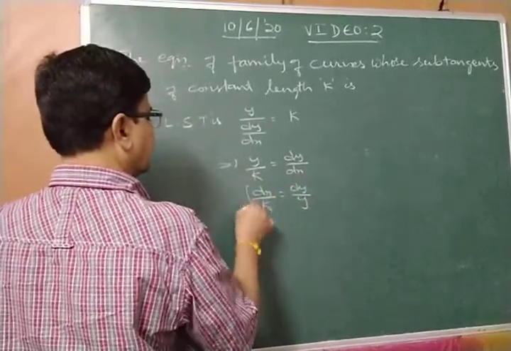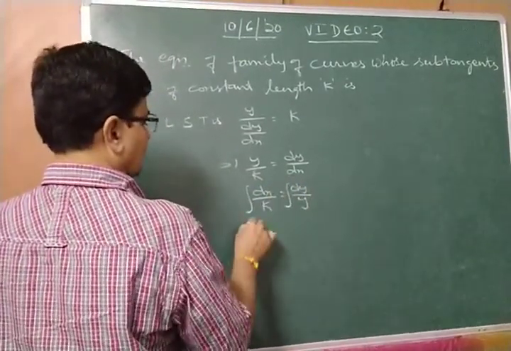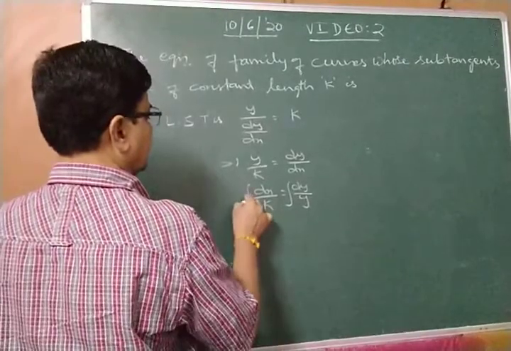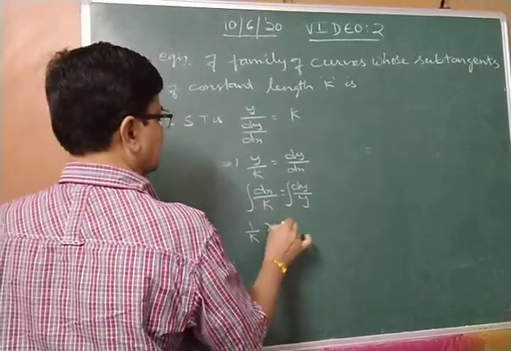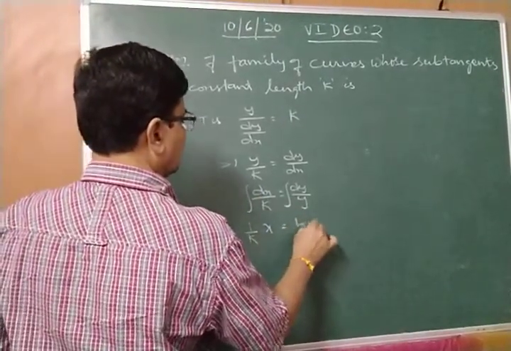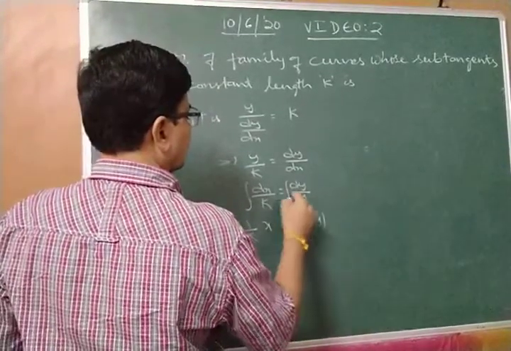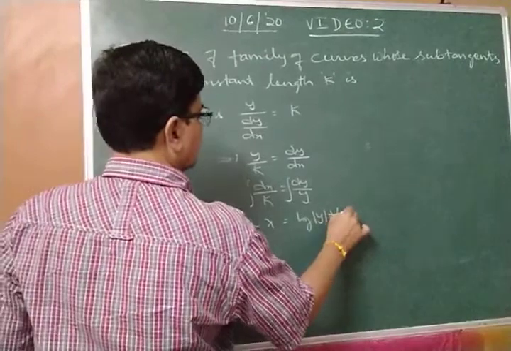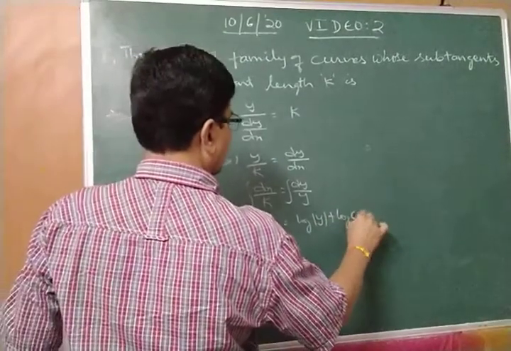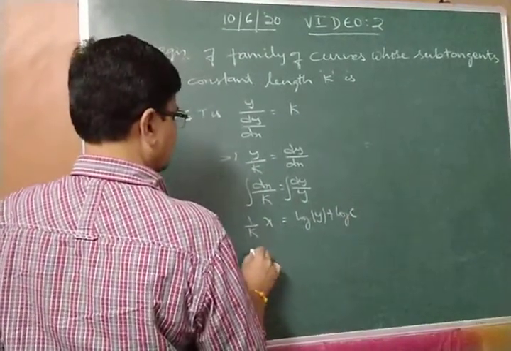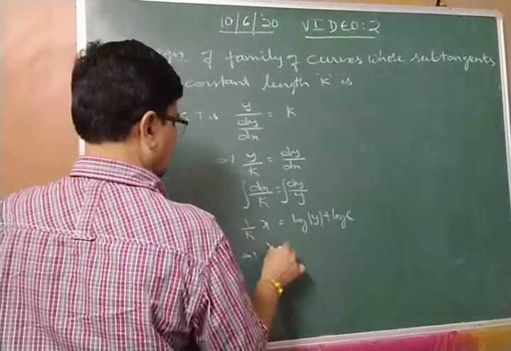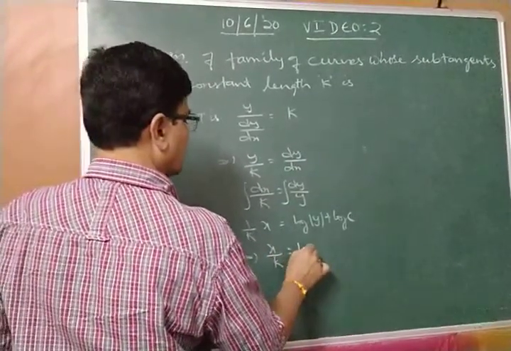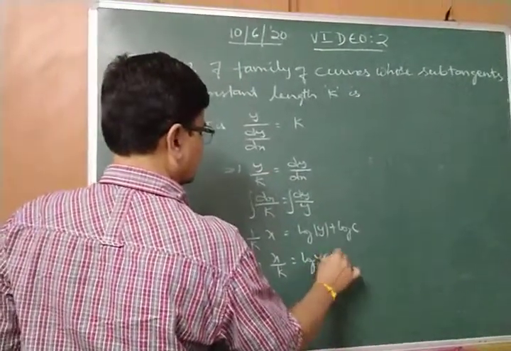Now applying integration on both sides, 1 by k is constant. Integral of 1 dx means x. Integral of 1 by y dy means log mod y, plus taking the constant as log c. So that implies x by k is equal to log of yc.